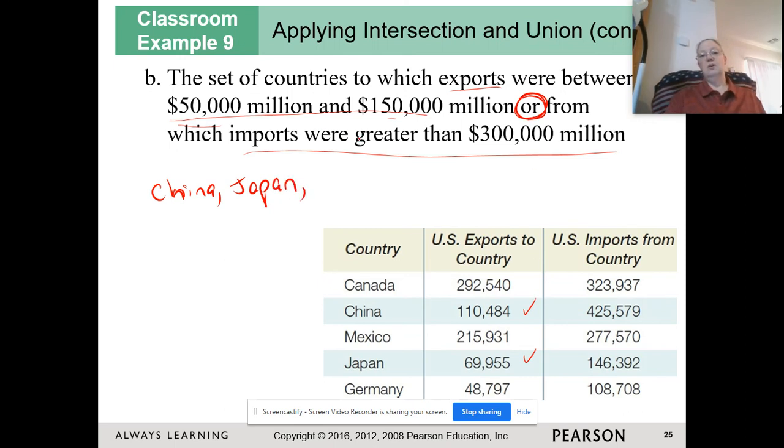Or imports greater than 300. That's this one, so these two. We already have China, so we don't have to write it a second time, but we don't have Canada yet. And it's a set, so we have to put it in braces.